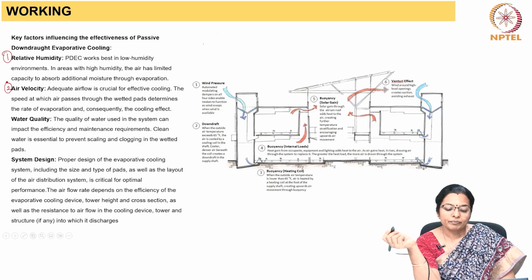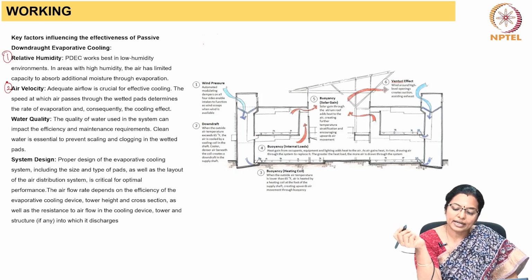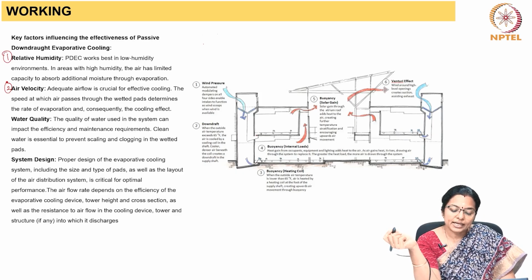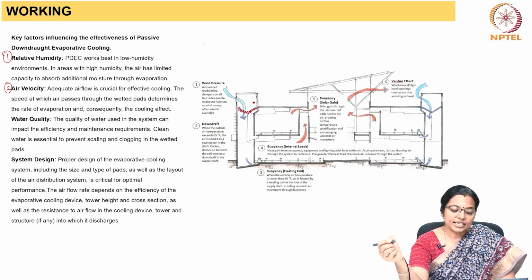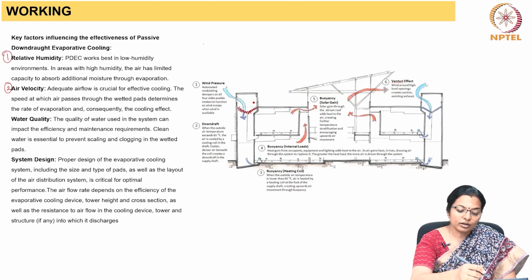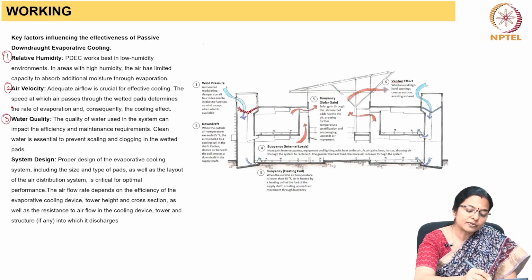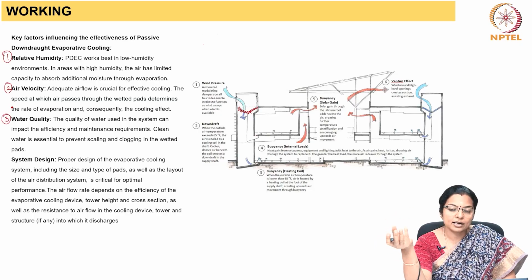The second is air velocity. Adequate airflow is crucial for effective cooling. The speed at which air passes through the wetted pads determines the rate of evaporation and consequently the cooling effect. Water quality is very important because we are talking of dry areas which have water scarcity. The quality of water used in the system can impact the efficiency and maintenance requirements.